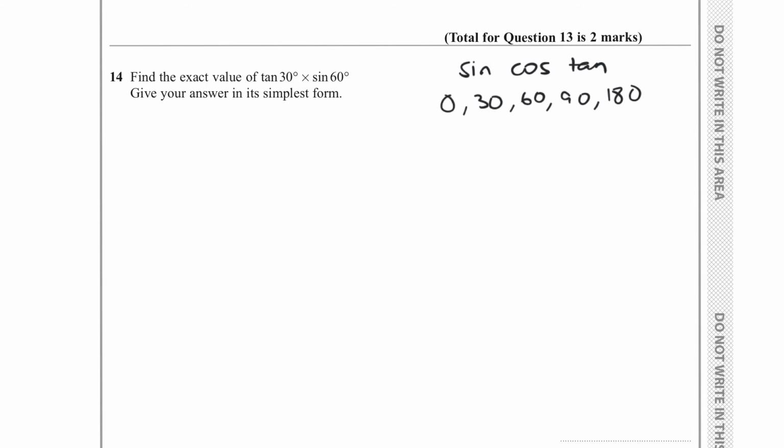Off the top of your head, so please learn this. With the tan 30, it would be 1 over root 3, and with the sine 60, it's root 3 over 2. So when you multiply this together, the top and the bottom would actually cancel out, so you'd be left with half.